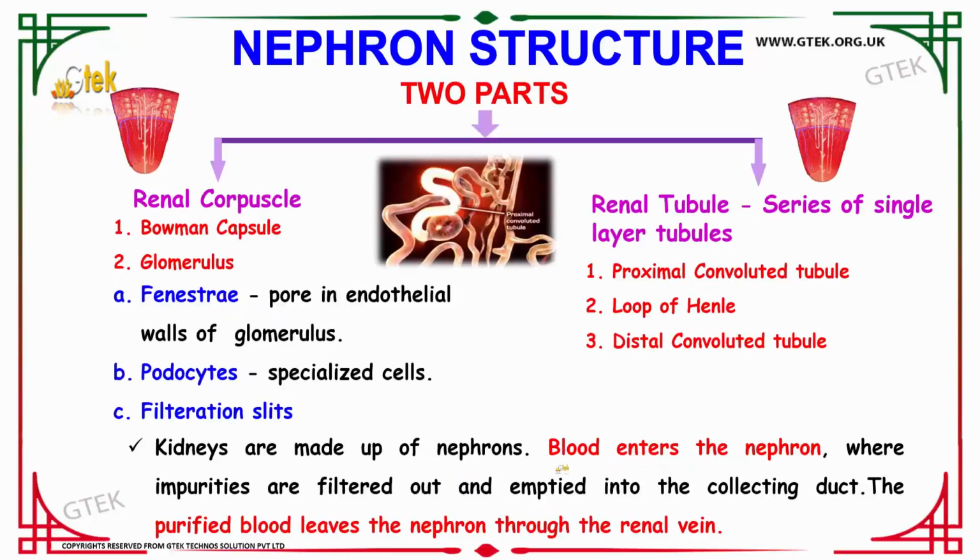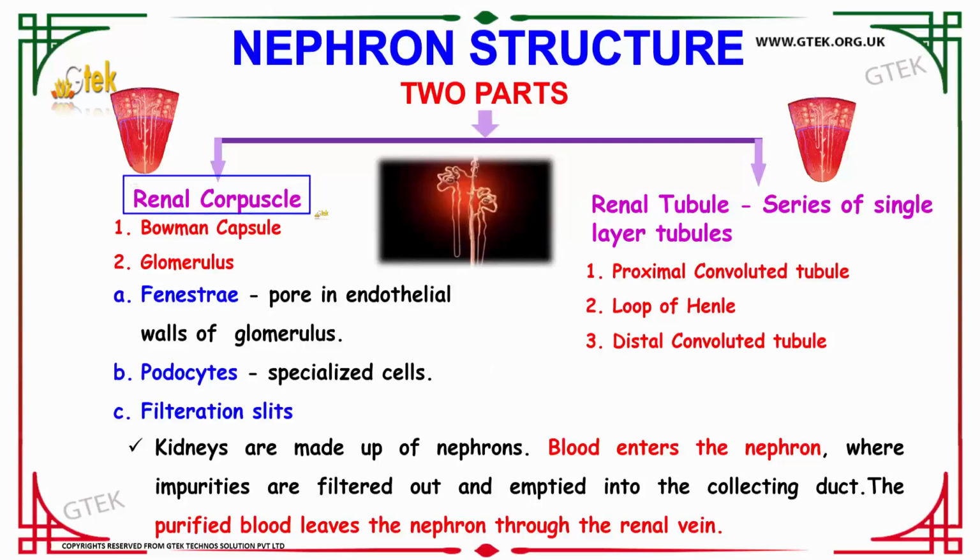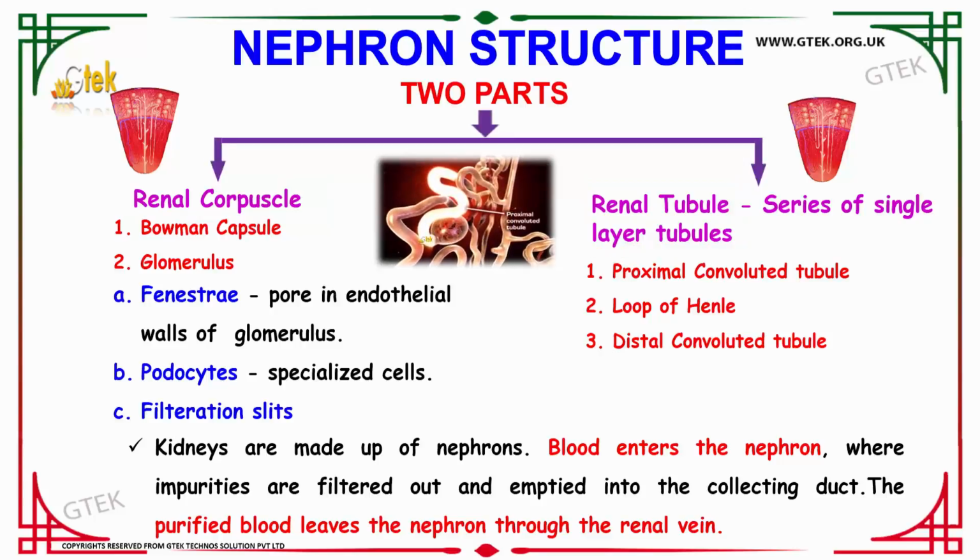The nephron structure has two parts. One is the renal corpuscle and the next is your renal tubule. The renal corpuscle is your Bowman capsule and the glomerulus.